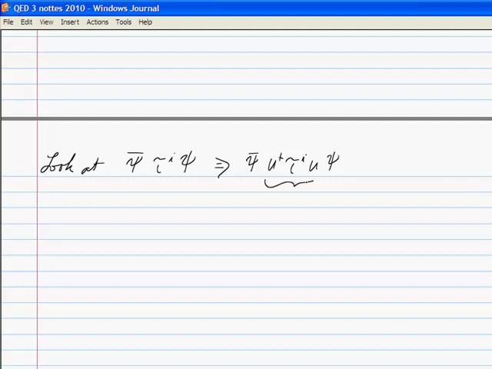If you look at this, that guy is a 2-by-2 matrix. It's Hermitian, right? Because it's U dagger U, and it's also traceless.